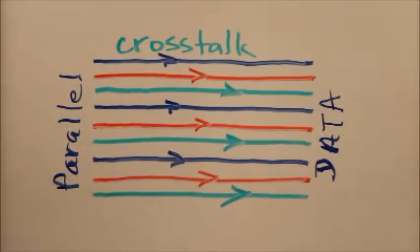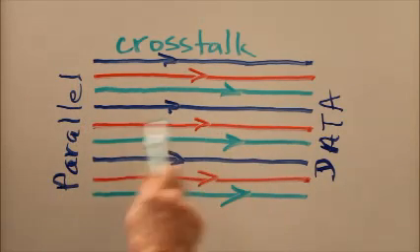We call it parallel data because these wires are literally in parallel. And a parallel data cable is like a multi-conductor cable. You could have a 9-wire cable and carry 9 different signals, one along each wire.